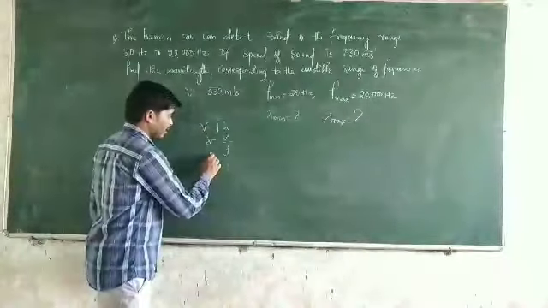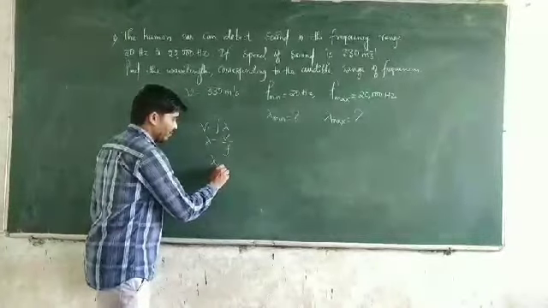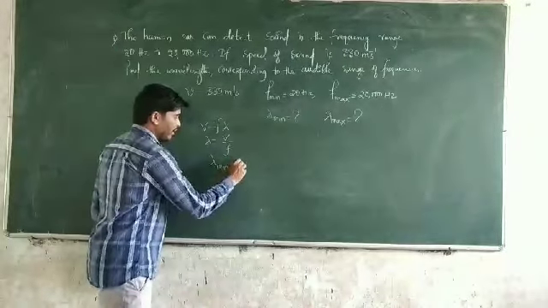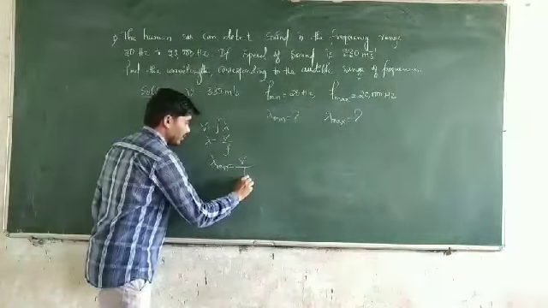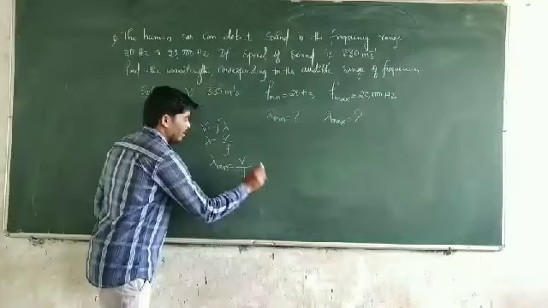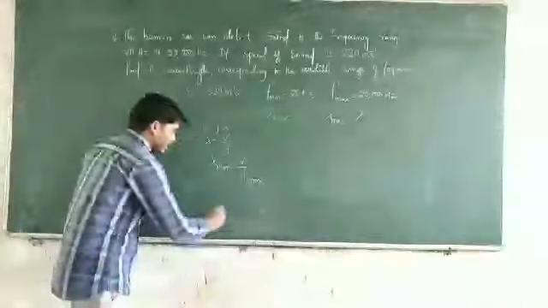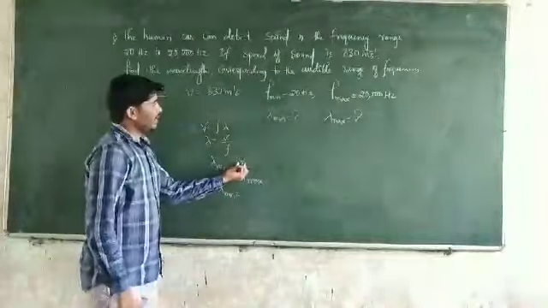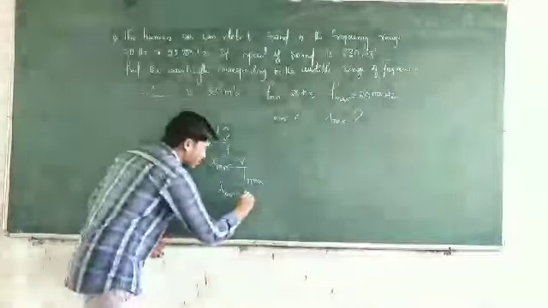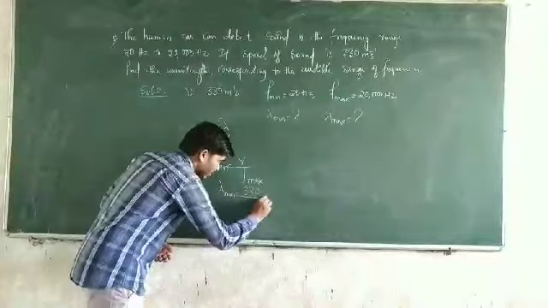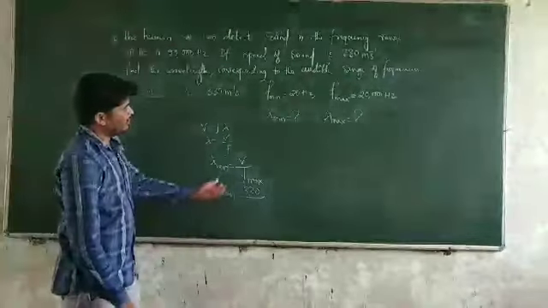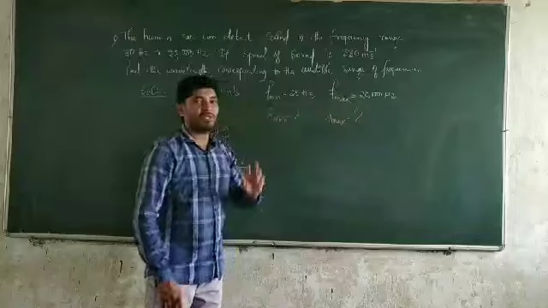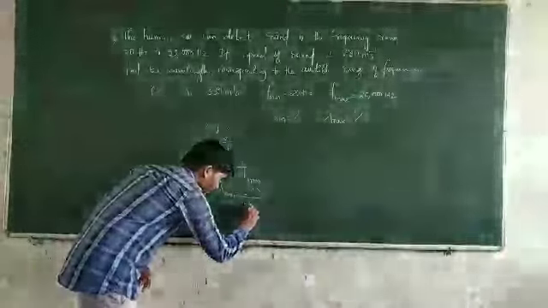So it means whenever you are going to find out the minimum wavelength, then we have to use the maximum frequency. So lambda minimum is equal to, what is here? The speed of sound, that is 330 meter per second, divided by the maximum frequency, that is 20,000 Hz.